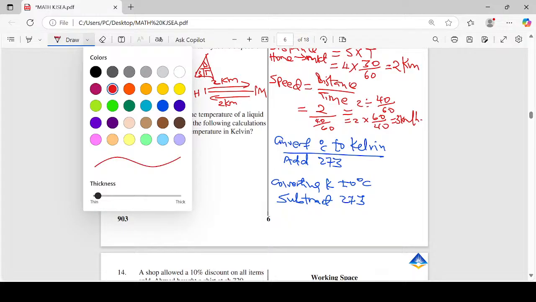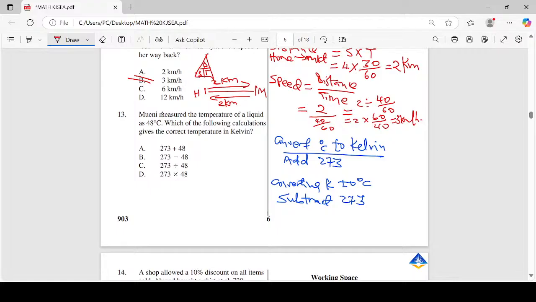And now if we know that, we go back to the question. They are saying when you measure the temperature as 48 degrees Celsius, they want the correct temperature in Kelvin. Degrees Celsius to Kelvin, what do we do? We add.